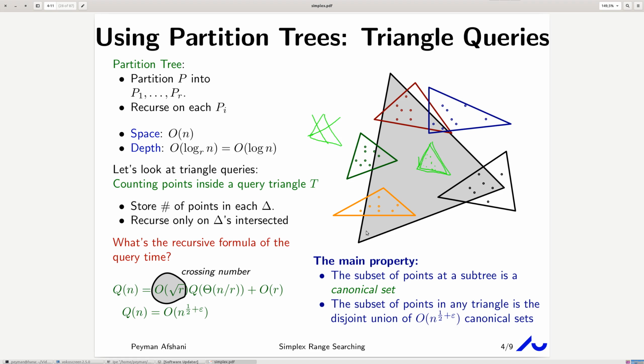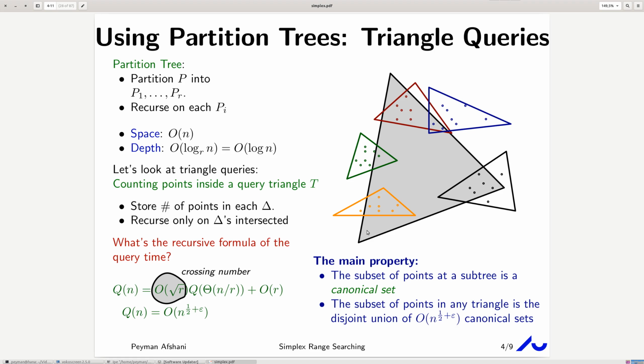So this is true, and it shows you a very powerful property, because now it follows that we could answer any complicated query. For example, if you want to list the points inside the query region, you do the same thing. Now your canonical sets are defined using this partition tree, so you can output the elements of every canonical set in essentially O of k time, where k is the output size.